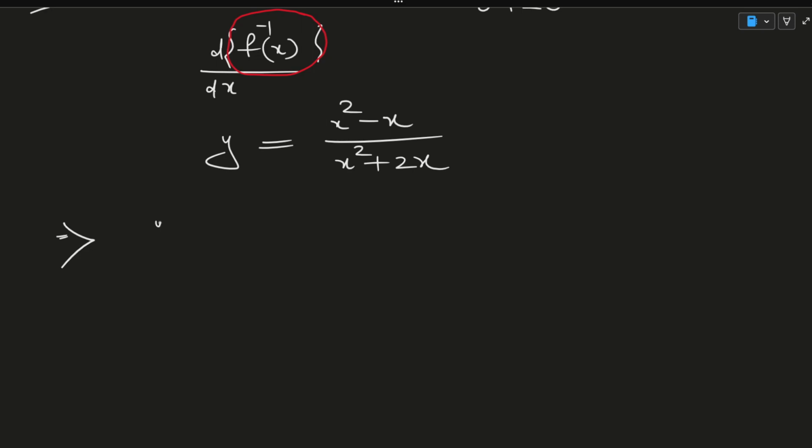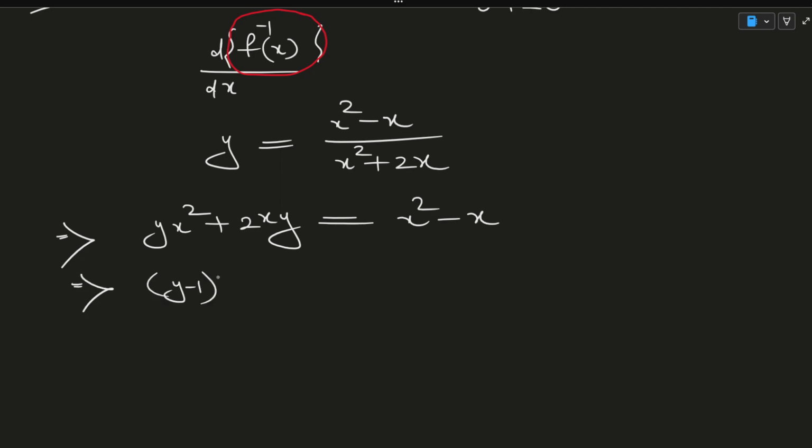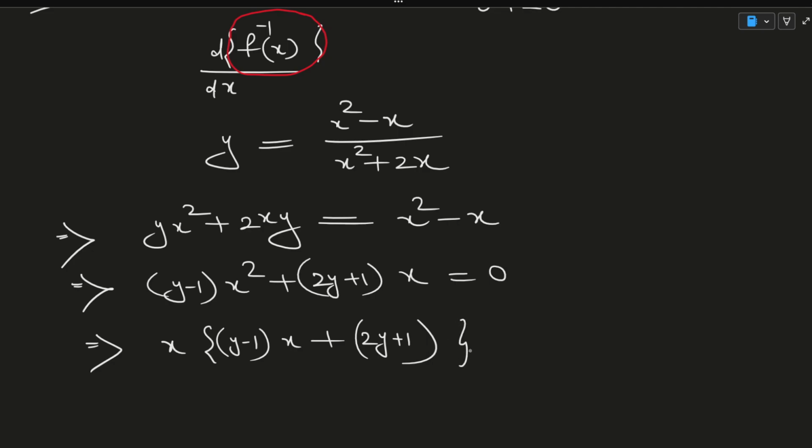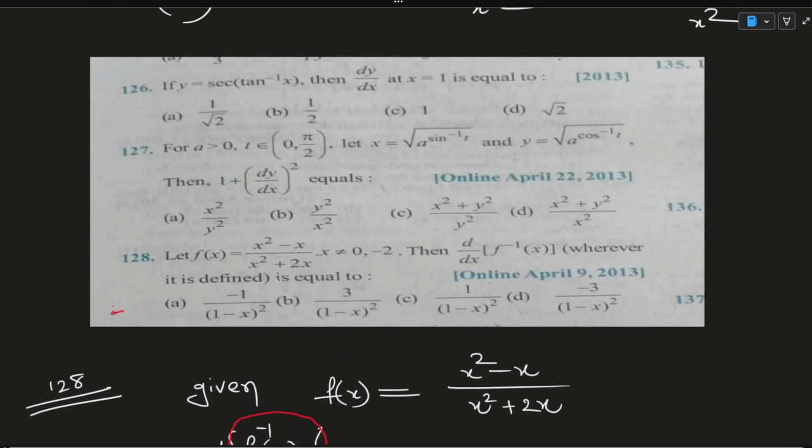Now it will be y x square plus 2xy equal to x square minus x, which implies that it will be... Okay, now clearly we are given here that x is not equal to 0, neither is it equal to -2.